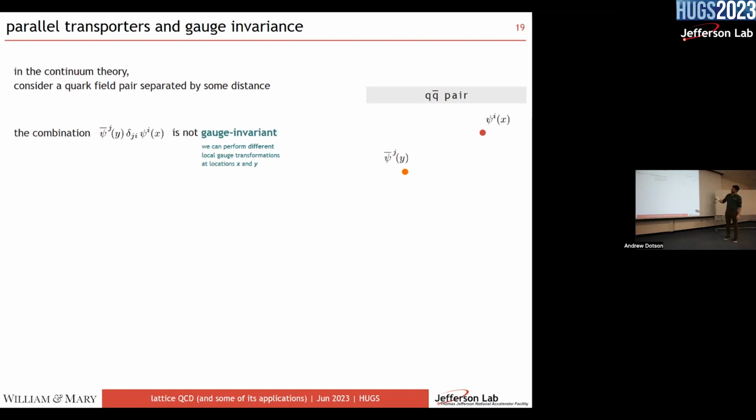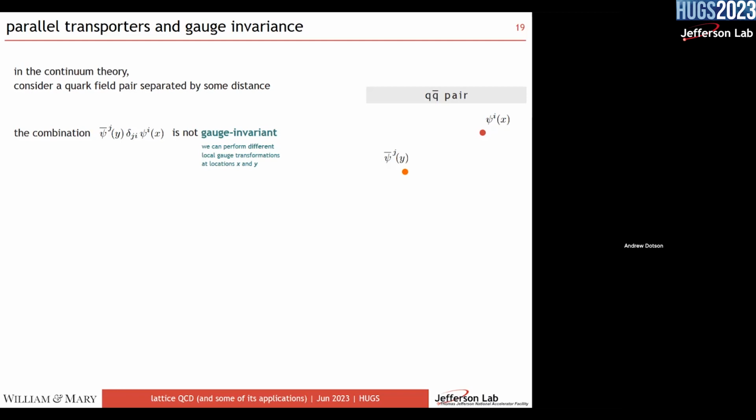Consider the product of a fermion field and its conjugate at two different space-time points. So you see they've got a color, I'm hiding the spin, but they've got a color index hanging off them and a space-time index hanging off them. And the problem is this quantity, this product here, where I've just contracted the color indices to try and make something that looks colorless, by doing a simple contraction, this doesn't work in the sense it's not gauge invariant.